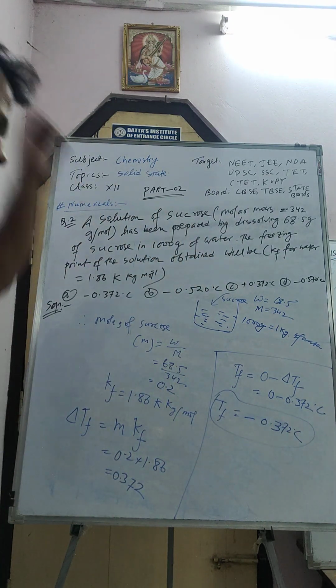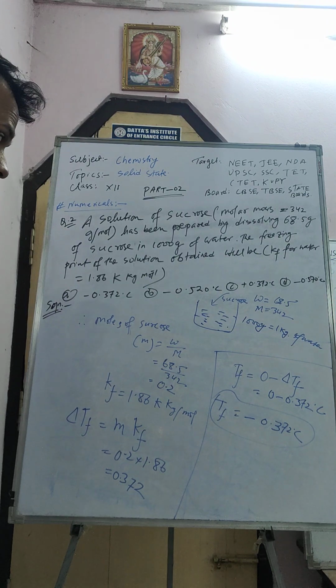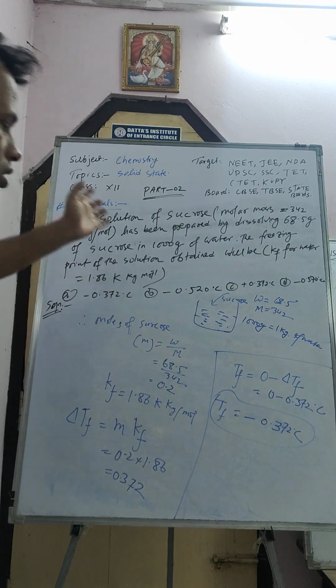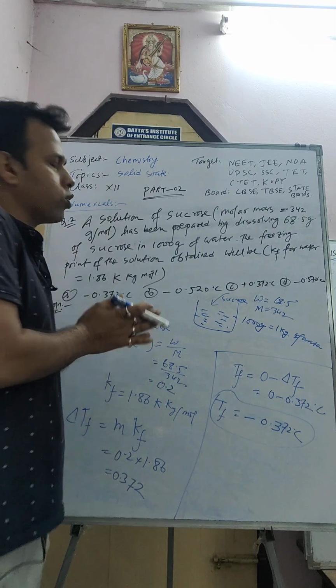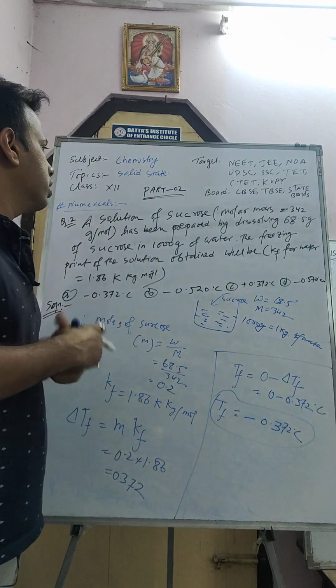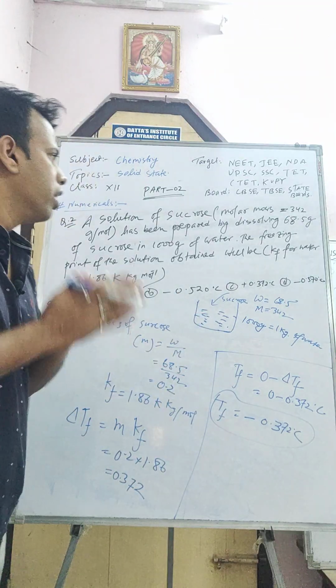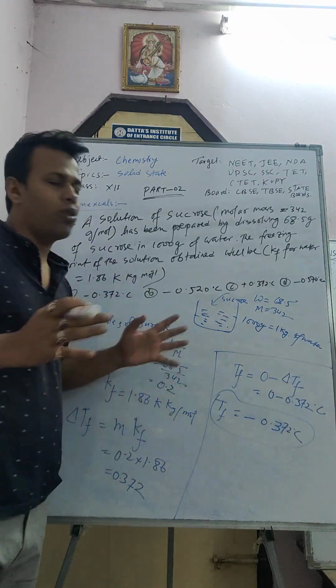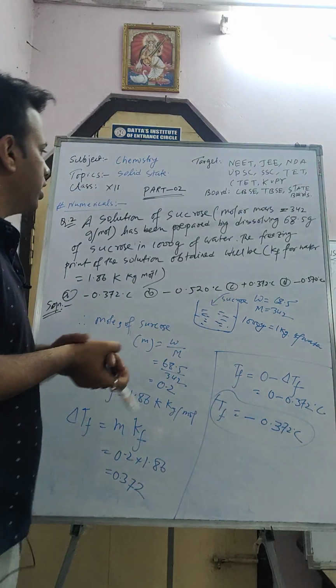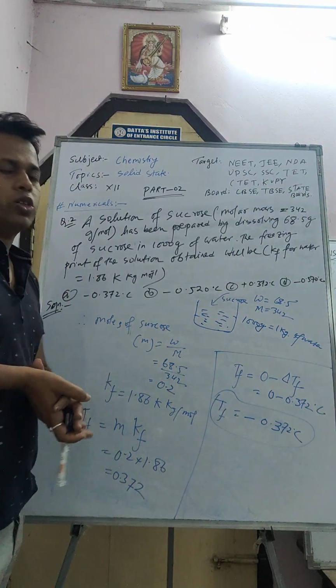So let me explain again what this is. In the question, a solution is made using 68.5 gram of sucrose, whose molar mass is 342, and 1000 gram of water, that is 1 kg of water. Now the freezing point of the solution automatically decreases.